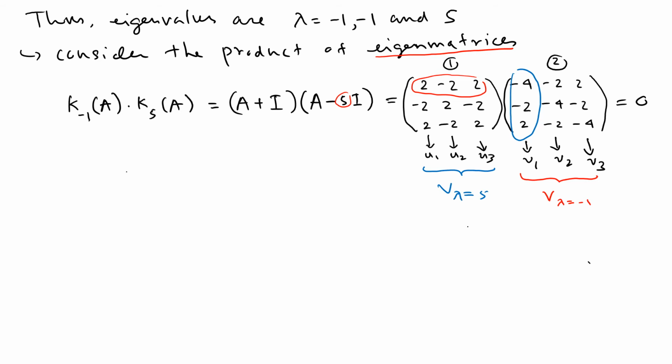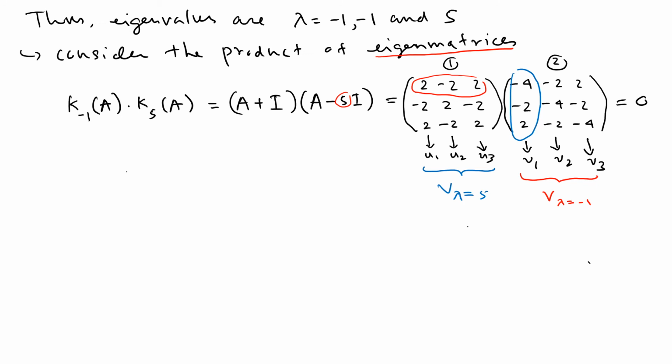So what we normally do is simplify them, because it's much easier. You can divide by a number. For example, you can divide u1 by 2, then you get 1, negative 1, 1, which is an eigenvector. The second column u2, you can divide by 2 again, so then you get negative 1, 1, negative 1. That's also an eigenvector. Or you can divide by negative 2, and you again get 1, negative 1, 1.